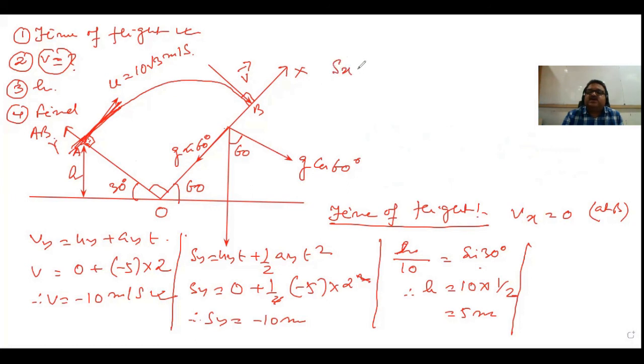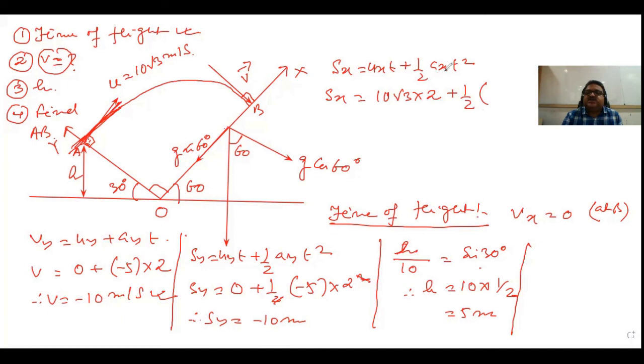So applying this formula, Sx equal to ux t plus half ax t square. Sx is what? This much. Ux is what? The value of Ux is equal to 10 root 3. 10 root 3 into t, which is 2, plus half. What is Ax?